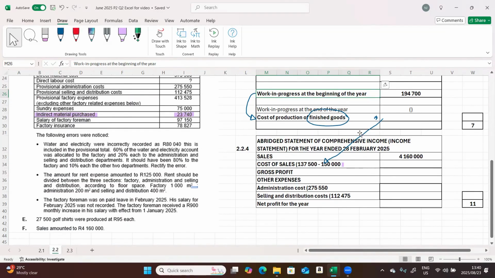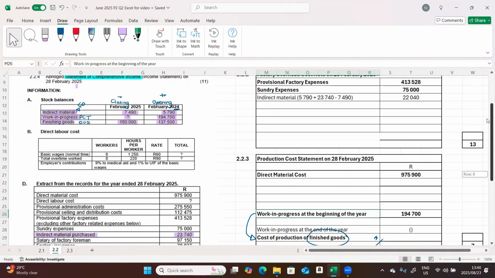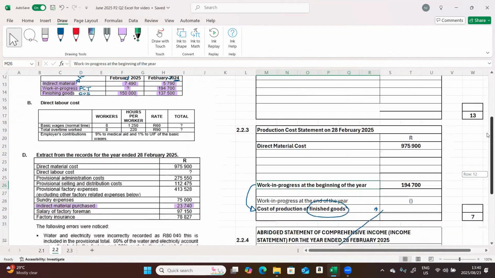But of these two things added together, we have not sold 150,000 rands worth of golf shirts. That is why we subtract the 150,000 rands worth of golf shirts, because we have not sold them. Do you guys understand that? So this plus this is what we have available to sell, less what we did not sell will give us the cost of what we actually sold. All right, perfect. Hopefully we understand the reason for the stock balances and how we use it now.